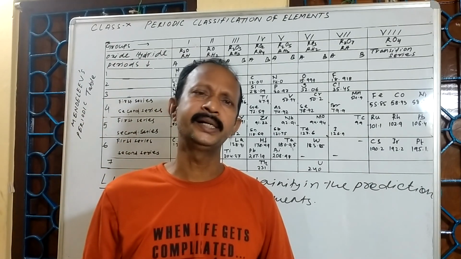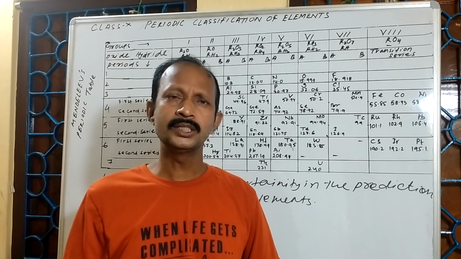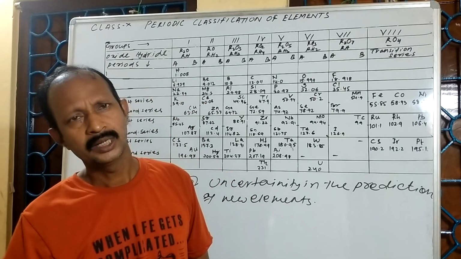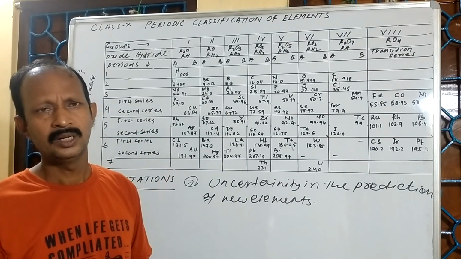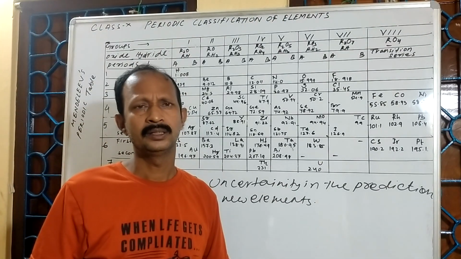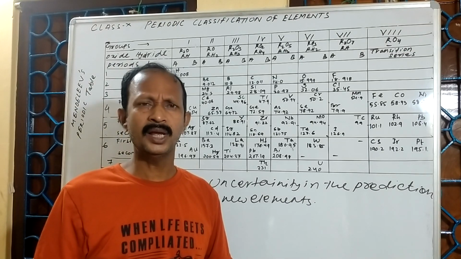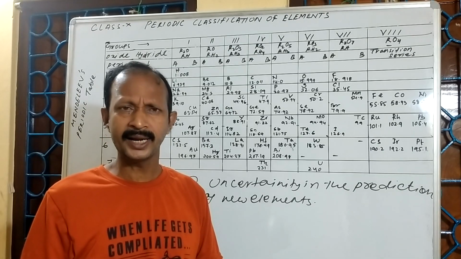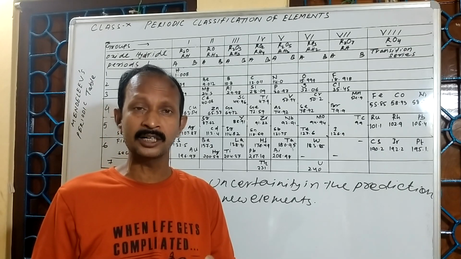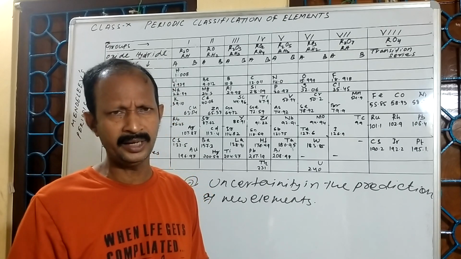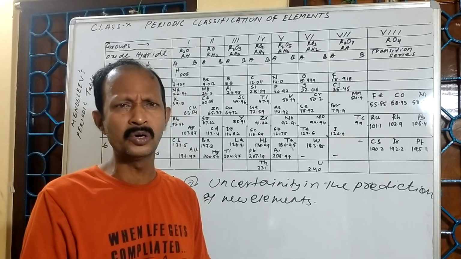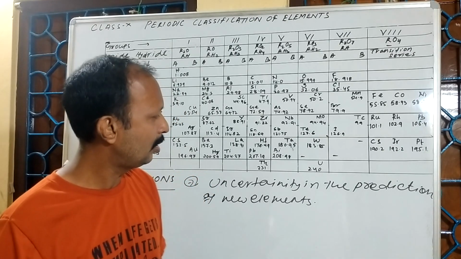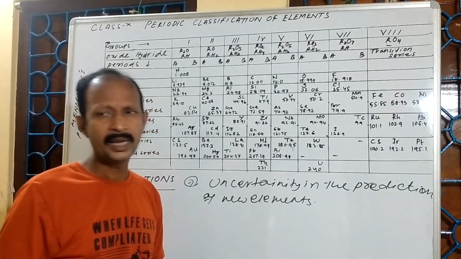So it confused the scientists. So it is not certain to predict new elements on the basis of their properties as well as their position in the periodic table, because though he arranged the elements according to increasing atomic mass, some exceptions are there where he did not follow his own rule. So it created uncertainty in the prediction of new elements.